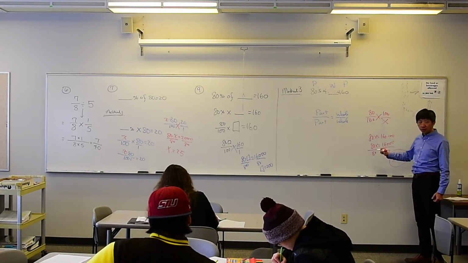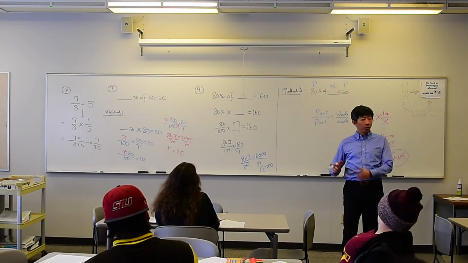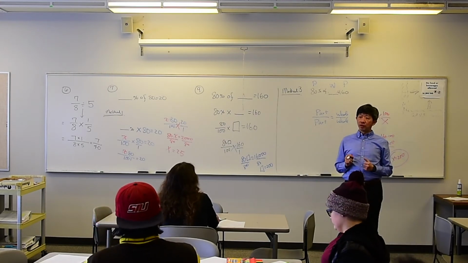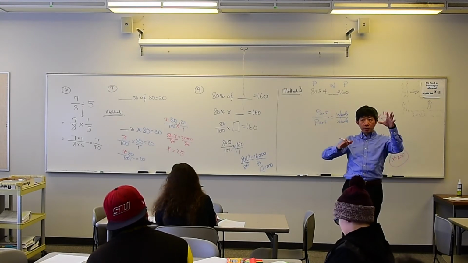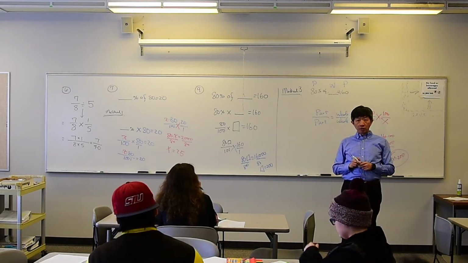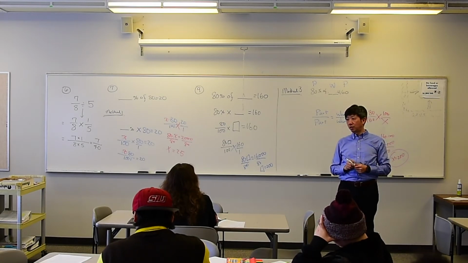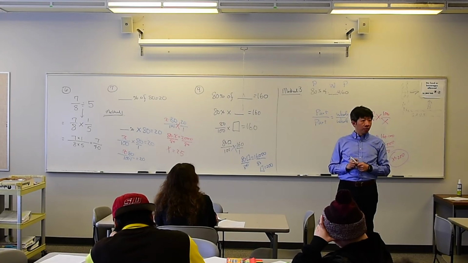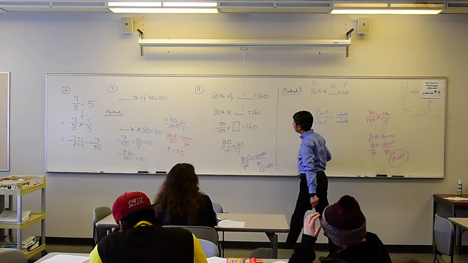Does it make sense to you? So now you have 3 different methods you can use, right? If you like method 1, go ahead. Or if you like method 2 with a visual representation, go ahead. Or if you like method 3, which makes things easier. Does that make sense to you? You have 3 different ways you can find it, okay?